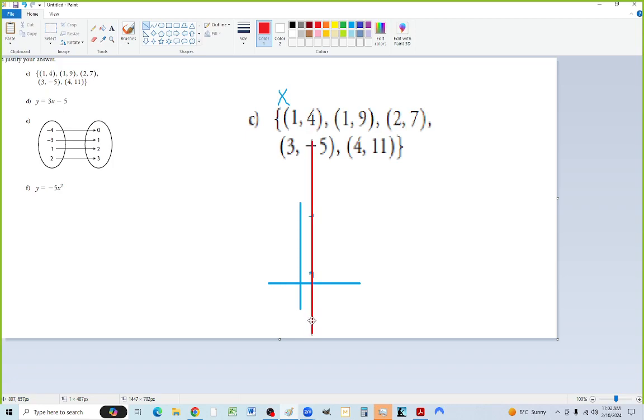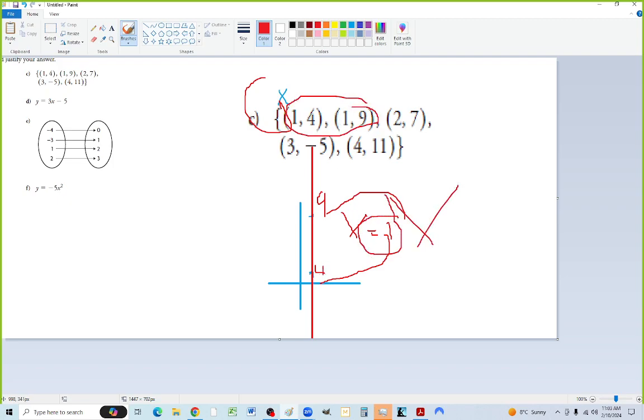Yes. So it's not a function. So it's possible to graph those dots and see that the same x of 1 is leading me to 9, and it's leading me to 4, right here. Well, that's not a function because that same x can only lead to one y.